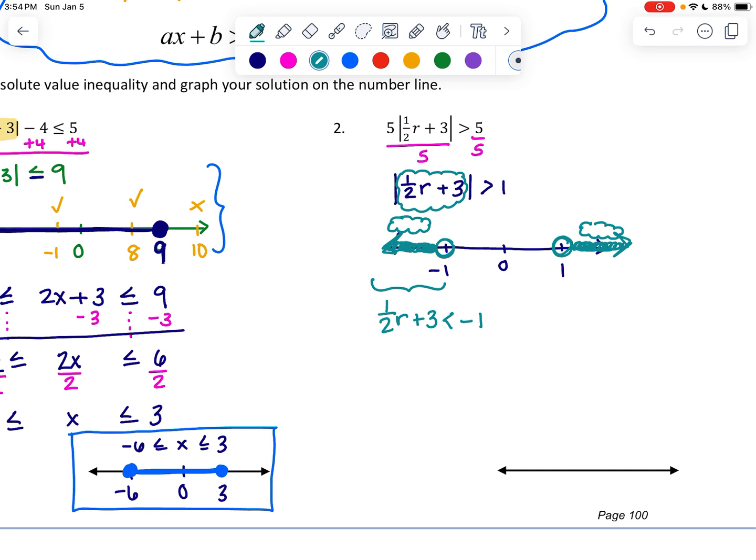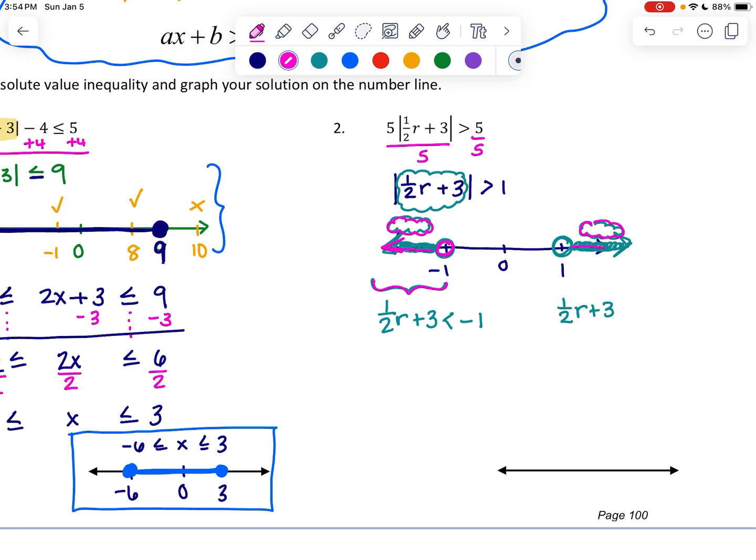That's what that is telling us. Now we're going to look at the other side. Our little cloud thing here, we said that that was 1/2 r plus 3.